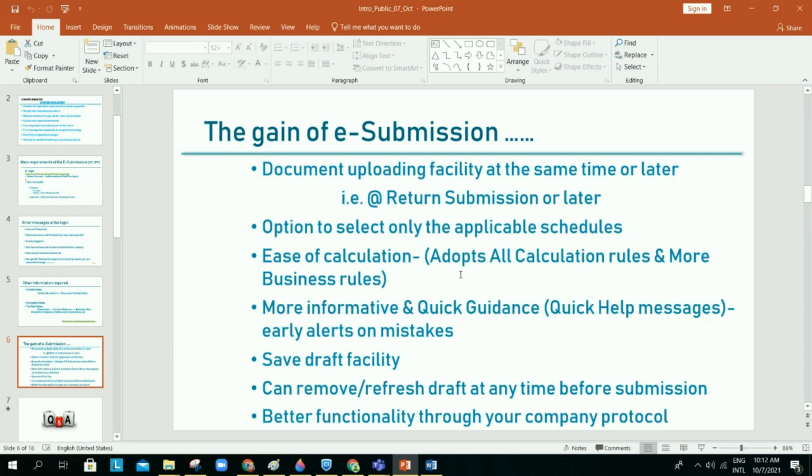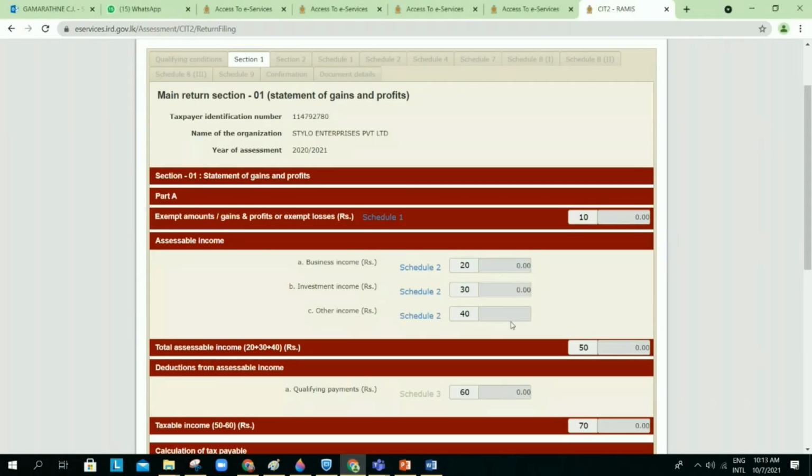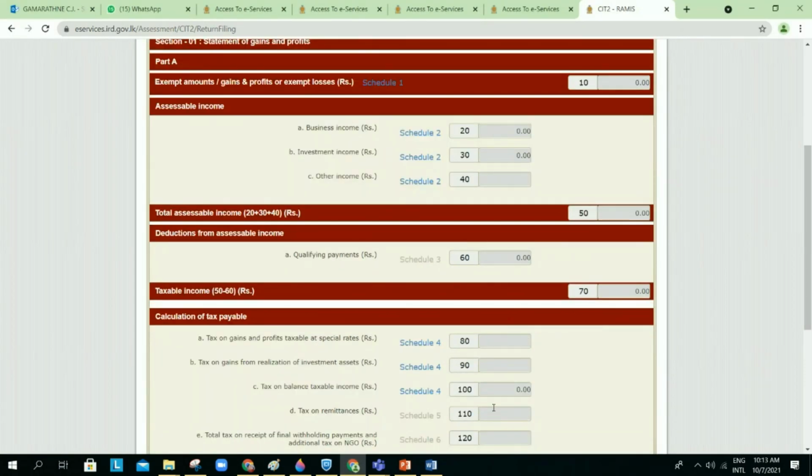The next option is ease of calculation, adopting all calculation rules and more business rules. With this facility, you have to enter values only for the colored cages. In the main return, there is nothing to enter here.